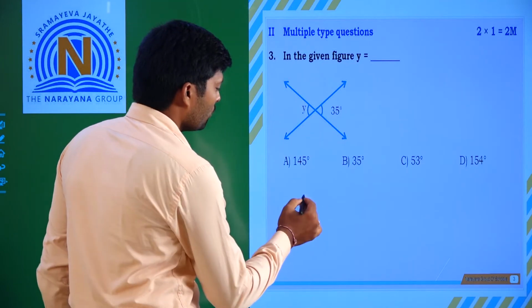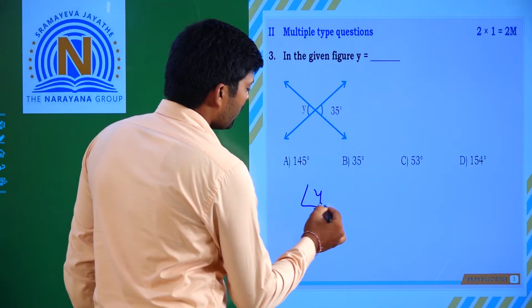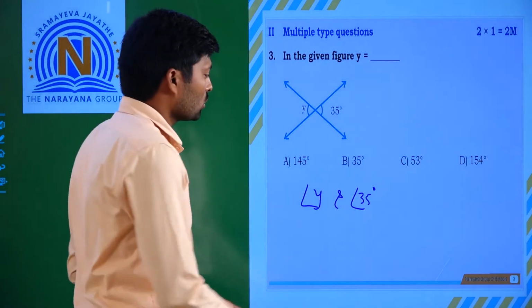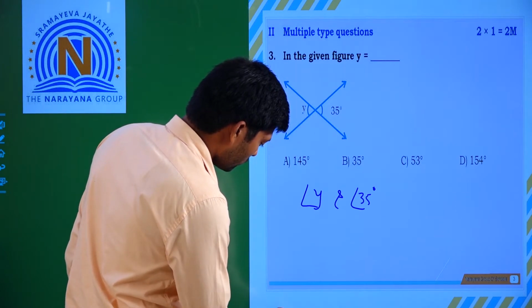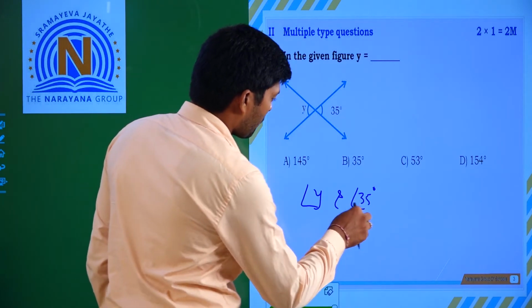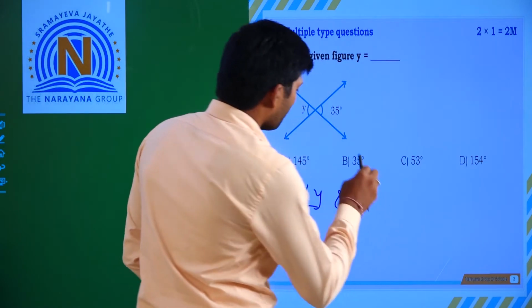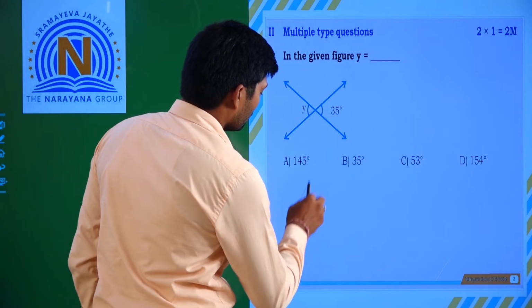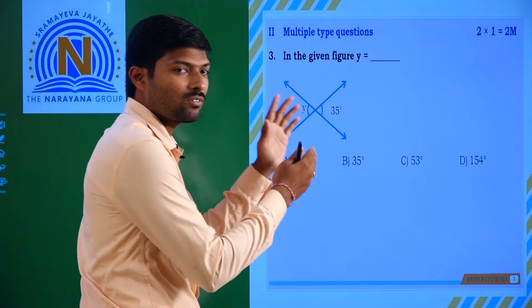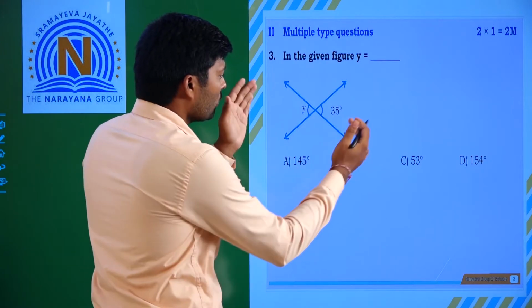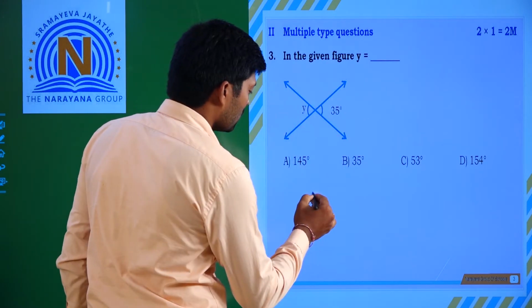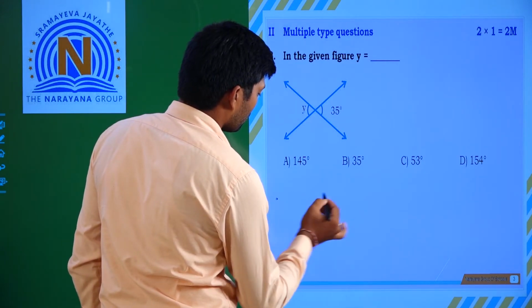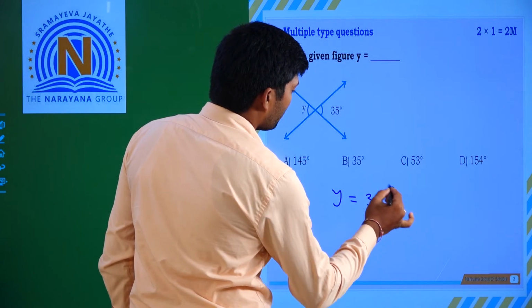From this figure, y and 35 degrees are both vertically opposite angles, so we can equate: y is equal to 35 degrees.